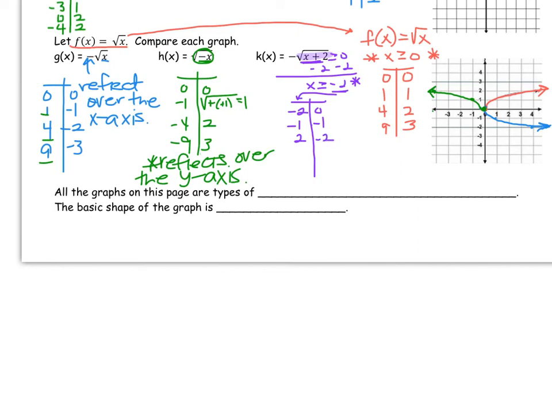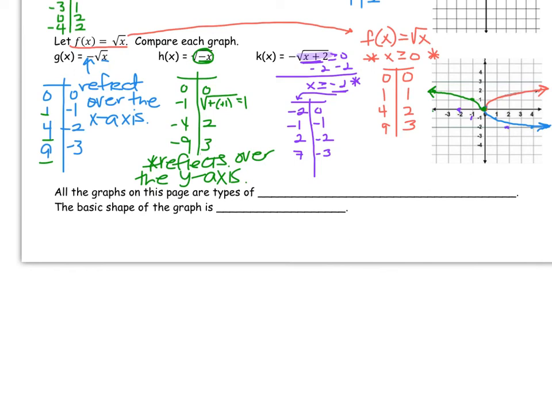The next perfect square would be 9, but we'd have to add 7 to the inside for x. 7 plus 2 is 9. Square root of 9 is 3. But then that negative would make it negative 3. I think we've got enough points to plot here. Negative 2, 0. Negative 1, negative 1. 2, down to negative 2.